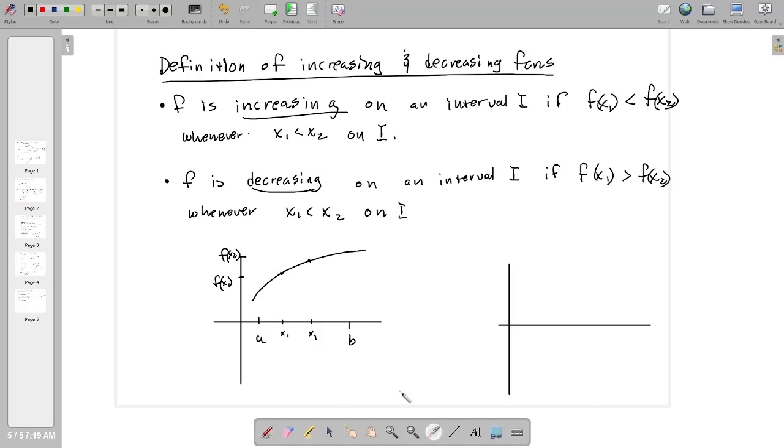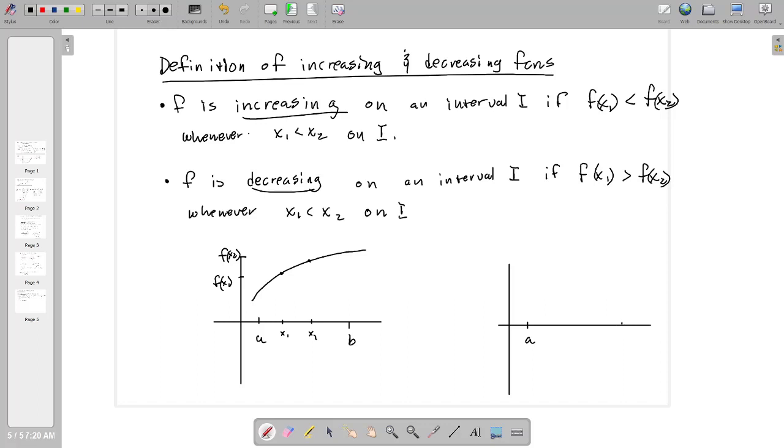So notice that the y value of x1 is less than the y value of x2 whenever x1 is less than x2. So if x1 is to the left of x2, then f of x1 is below f of x2. That's what increasing means. And you can see that as we move from left to right, in the direction of increasing x, our curve is going up. Then our function is increasing.